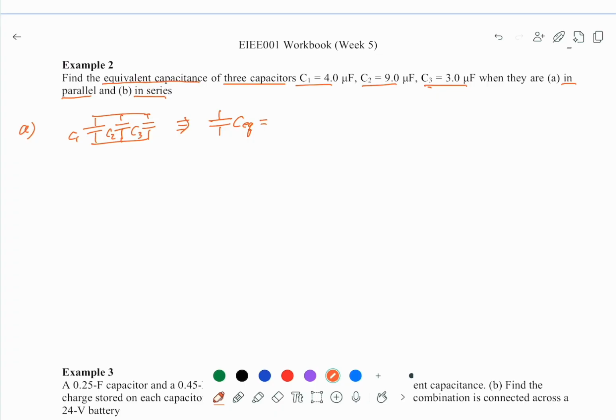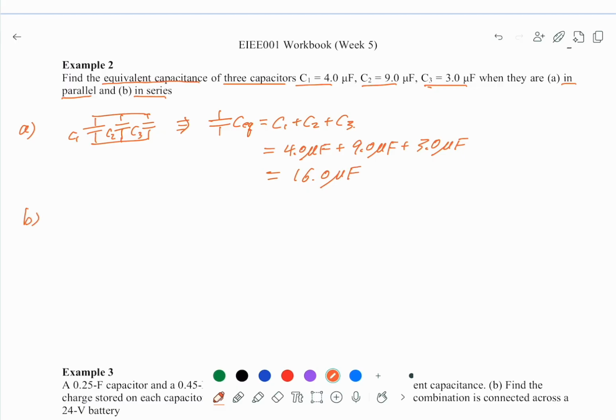It's just the sum of the 3 capacitances. So this is equal to 4.0 plus 9.0 plus 3.0, 16.0 microfarad.